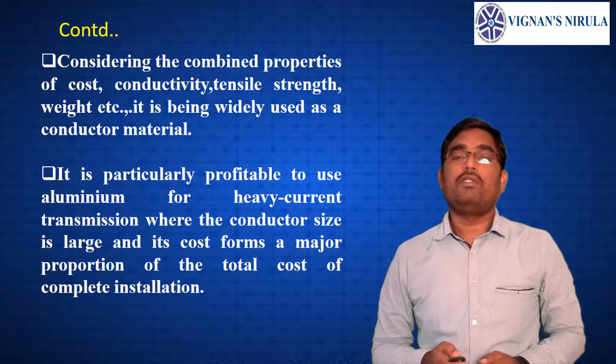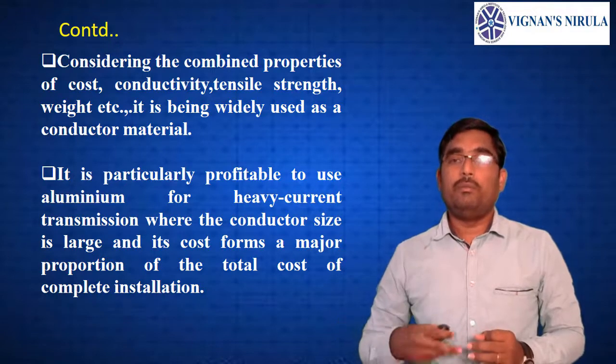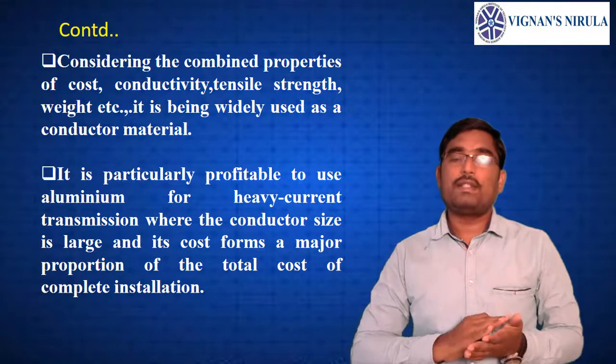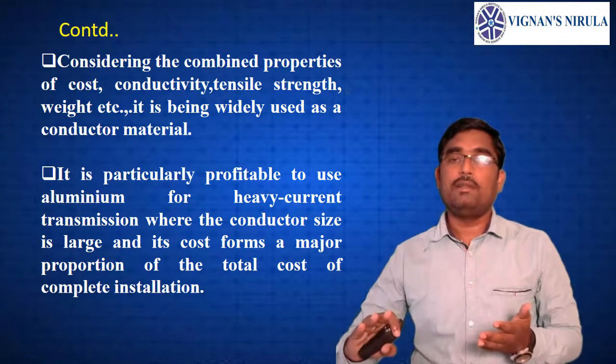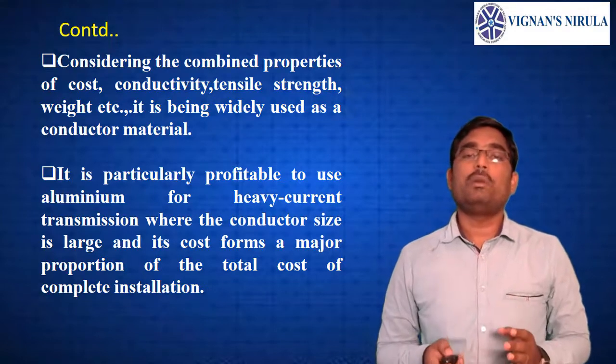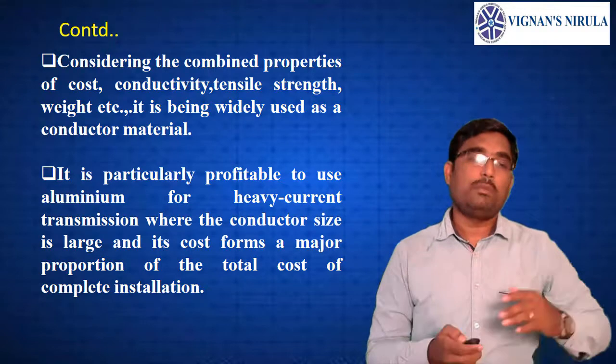If you want to erect transmission lines over a long length where cost is an important consideration in the cost of installation, it is better to go for aluminum, as its cost is very low when compared to copper.